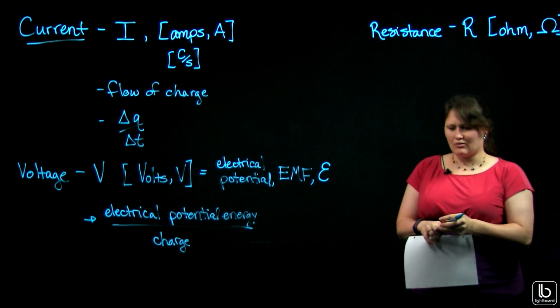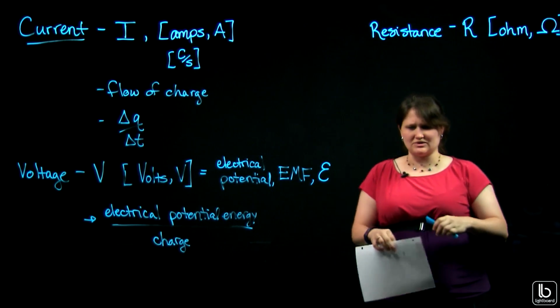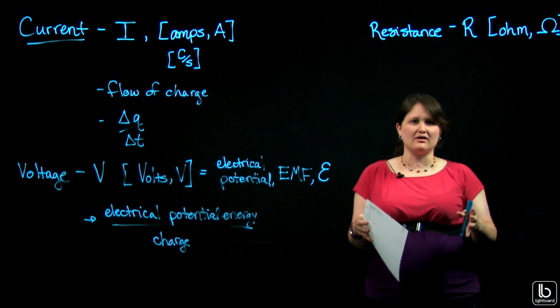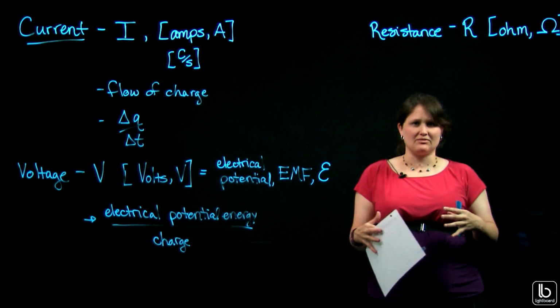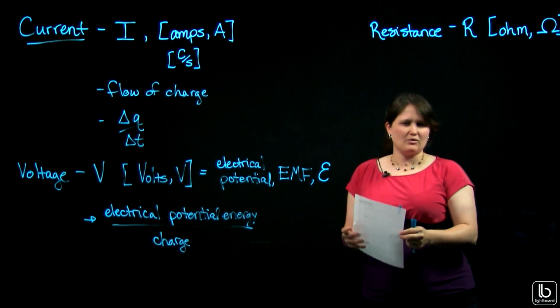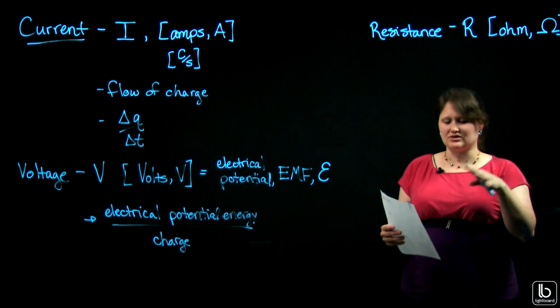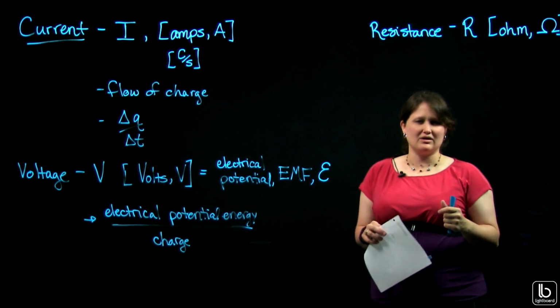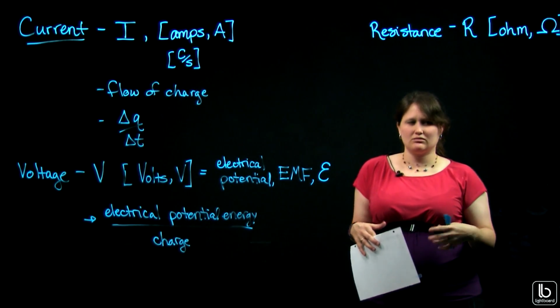Now, we might talk about resistance in terms of a pushback, or resistance in terms of fighting through something. So when we're talking about resistance in a circuit, what we're really talking about is loss of energy.